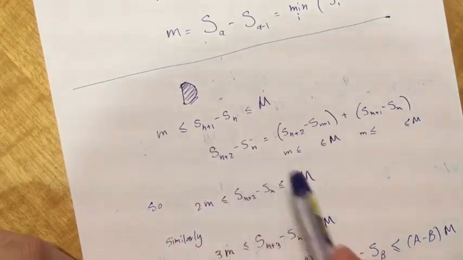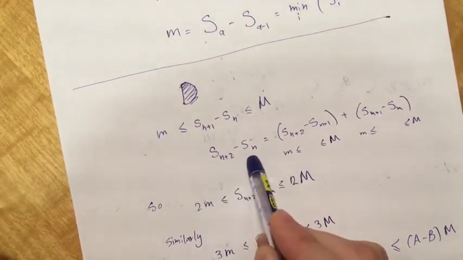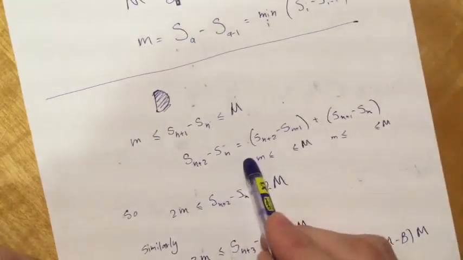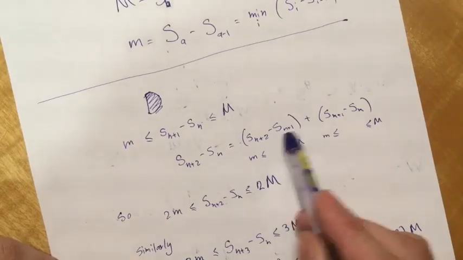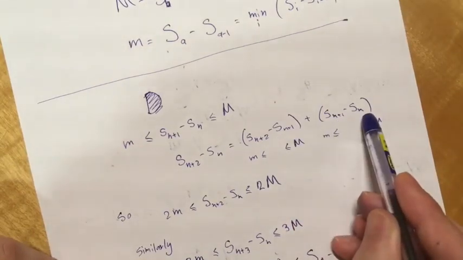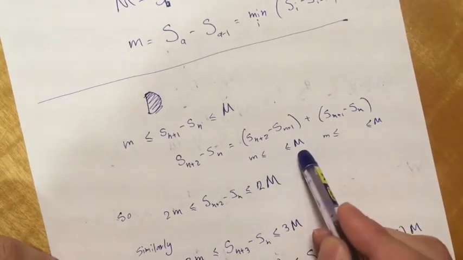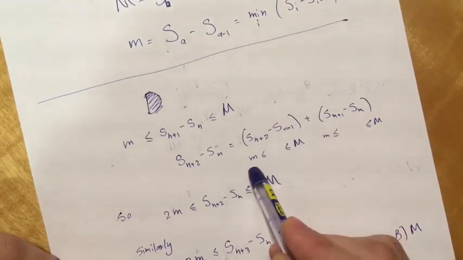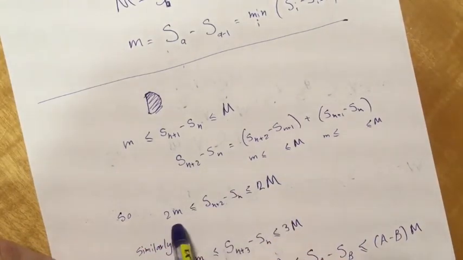Now, what if the difference was 2? Now Sn plus 2 minus Sn, we can rewrite as a telescoping sum of Sn plus 2 minus Sn plus 1 plus Sn plus 1 minus Sn. Now each one of these terms is bounded above by capital M, bounded below by small m. So this term is bounded above by 2 capital M and below by 2 small m.